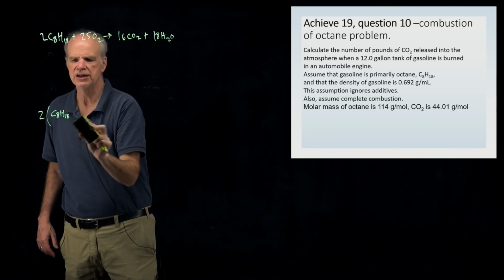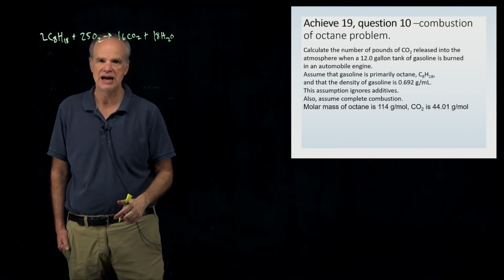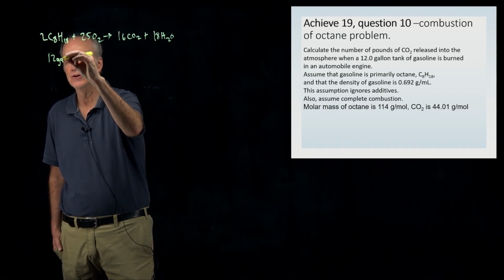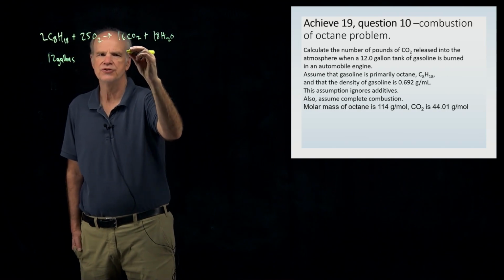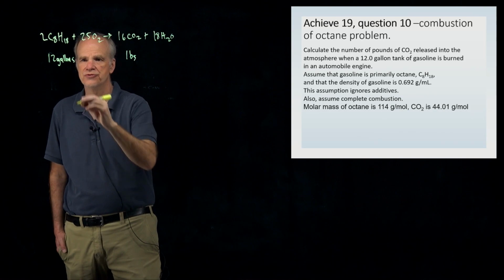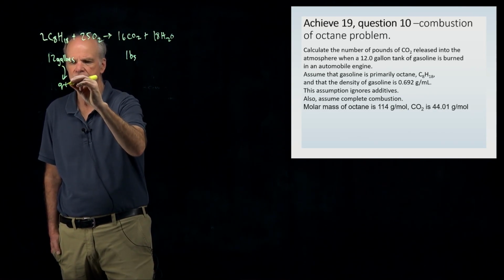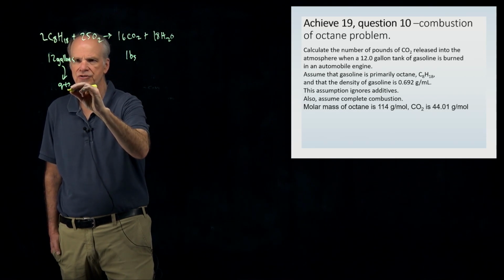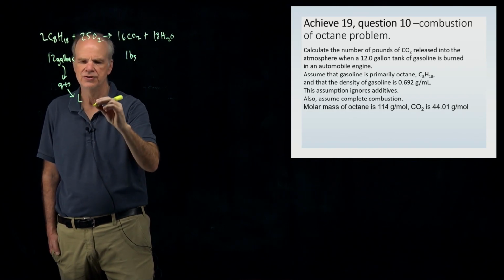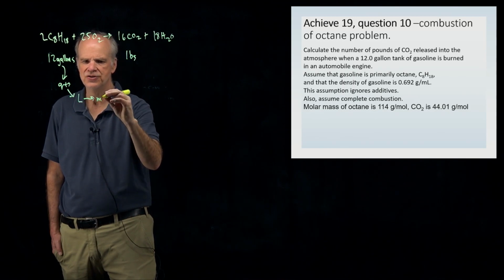So now we can actually make a shot at solving the problem. Let me suggest a strategy for solving this problem. Again, we have 12 gallons of octane and we're trying to figure out pounds of carbon dioxide. What I suggest you do first is convert gallons of octane to quarts, and then quarts of octane to liters, and then liters of octane to milliliters.